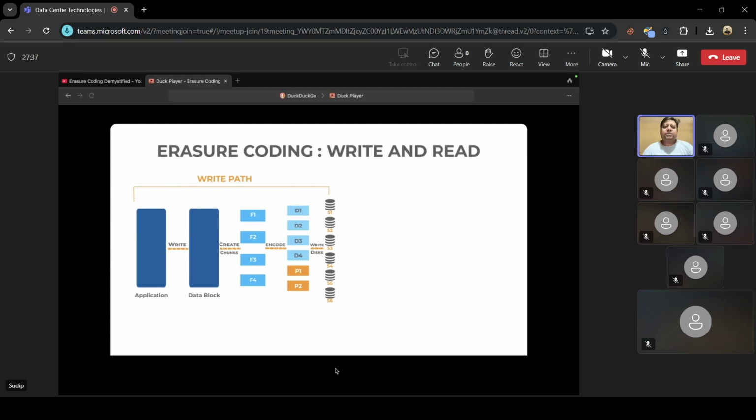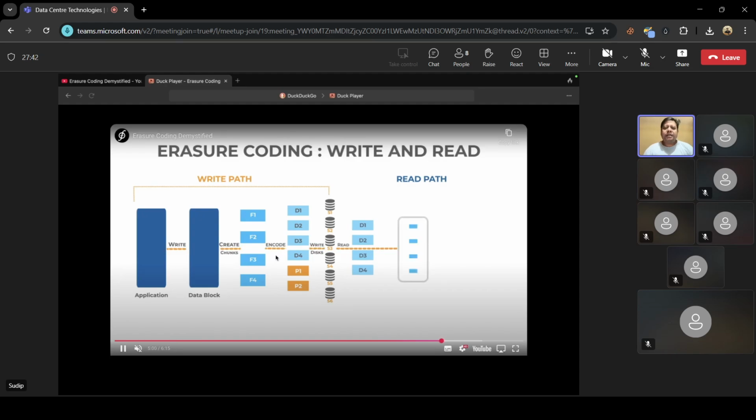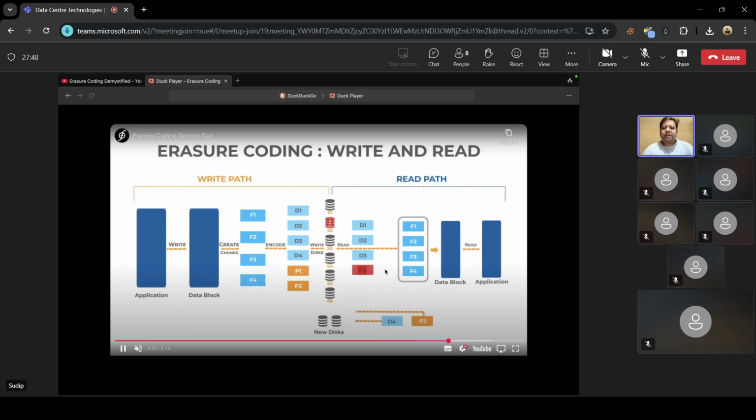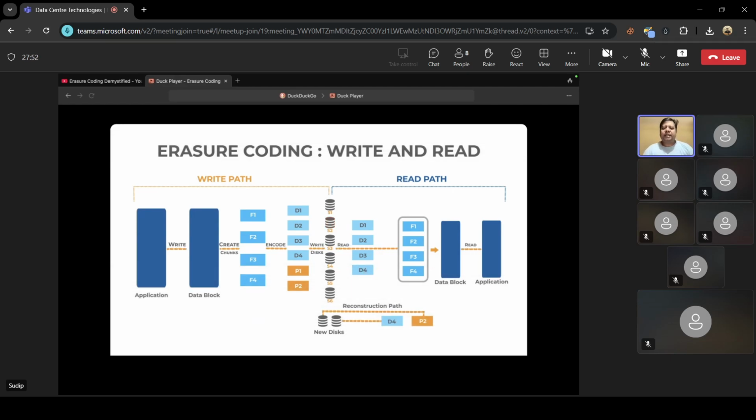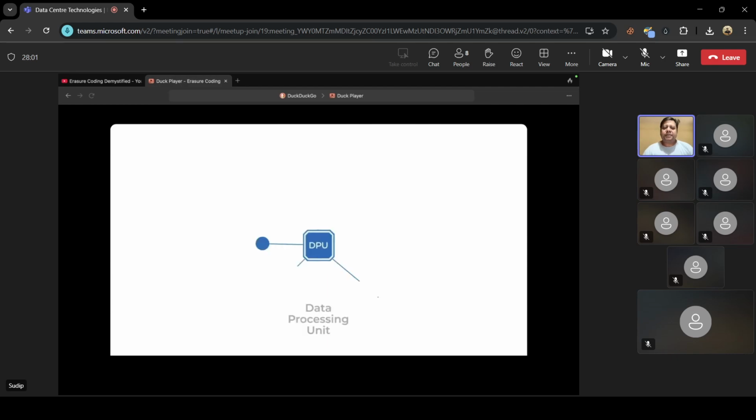There is one more step in between called encoding, and whenever you're reading the data, there will be one more step called decoding. And whenever new disks are added, this kind of reconstruction happens. So of course it is more complex compared to simple replication.